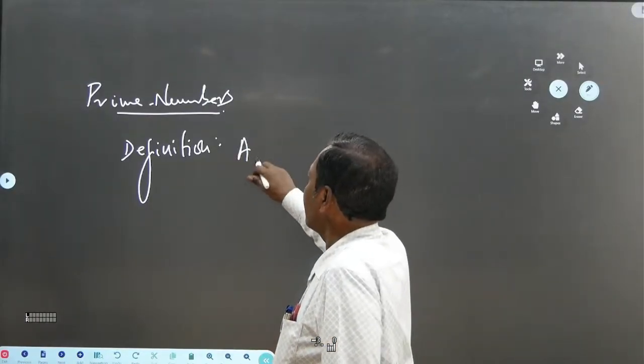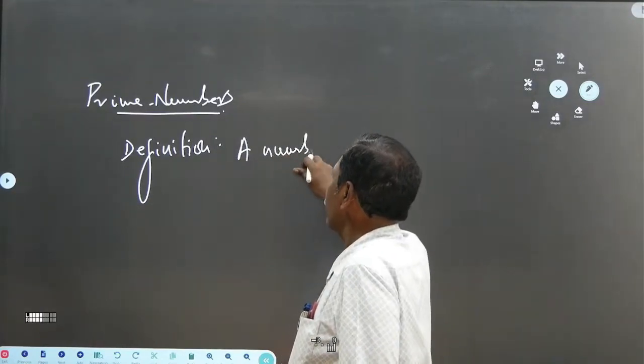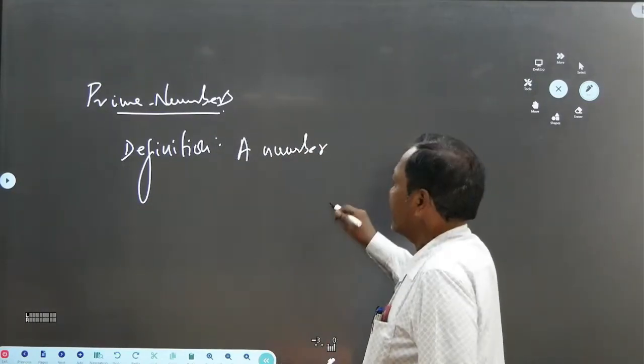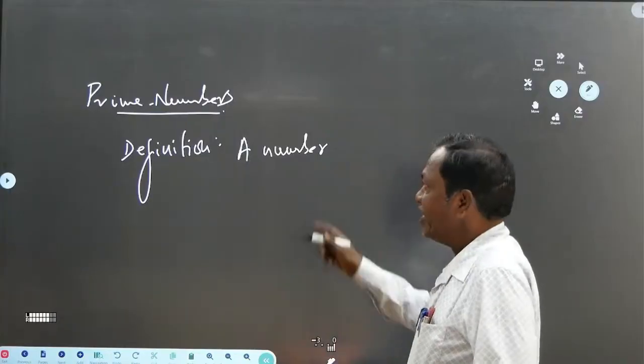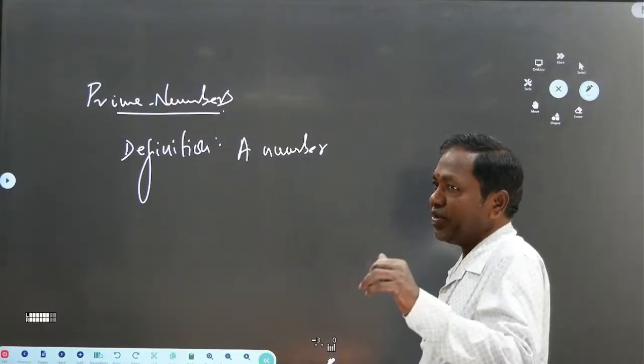A number. A number means any number. Here A means what? 1 or anyone.